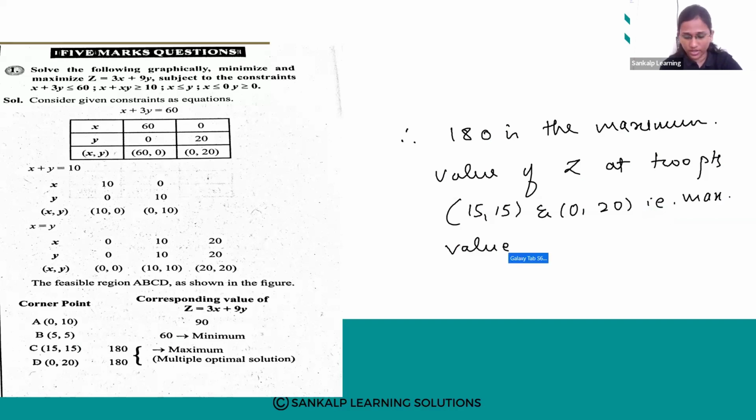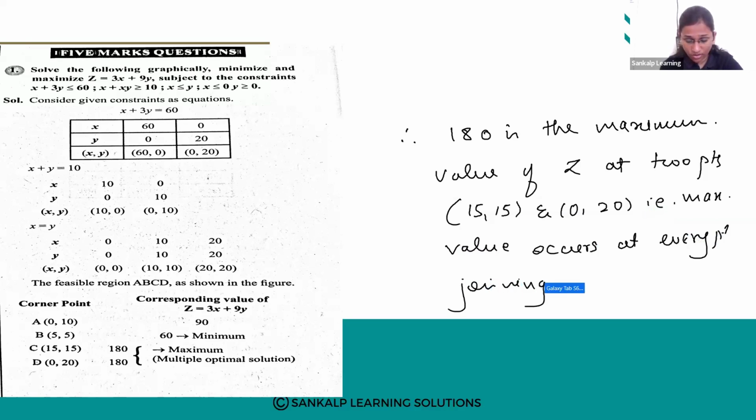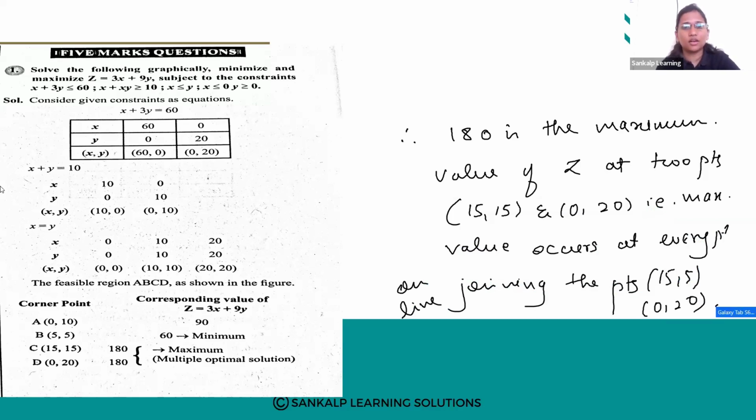Since you are getting it at 2 points, the maximum value occurs at every point on the line joining the points. What are the points here? 15, 15 and 0, 20. This conclusion is very important.